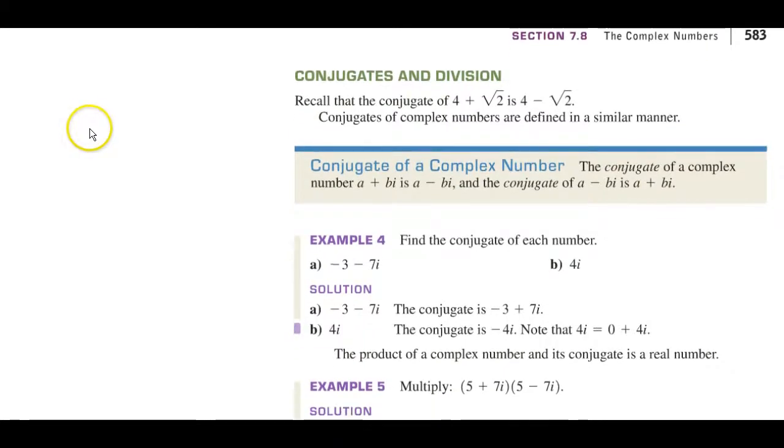Now, conjugates and division. So when we are dealing with division and we're trying to convert complex numbers into a complex number in standard form, we have to take the imaginary numbers out of the denominator.